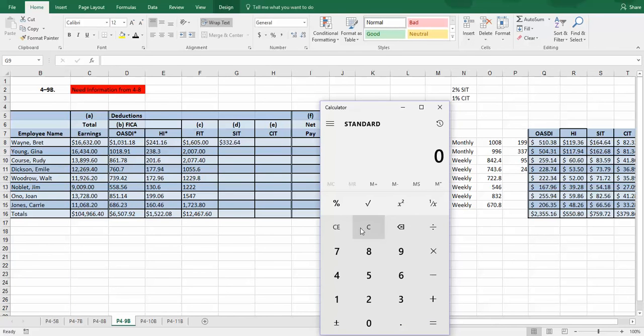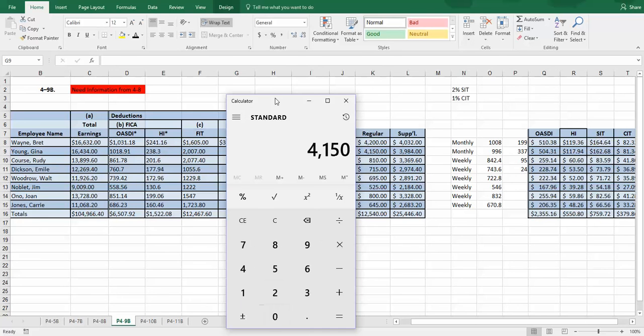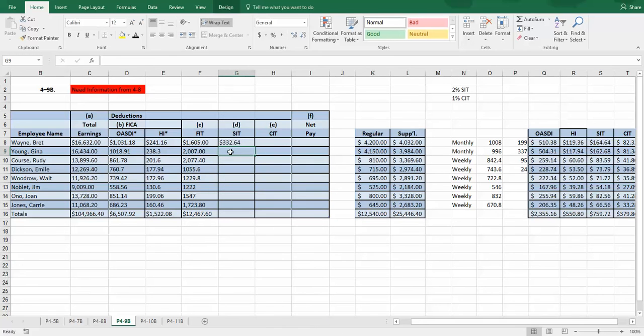Again, we're going to do $41.50 times 2% is $83 times 2, which is the 2 months that do not have the supplemental income already calculated. Then we're going to add that to the $162.68 we've already calculated. So that's $328.68.